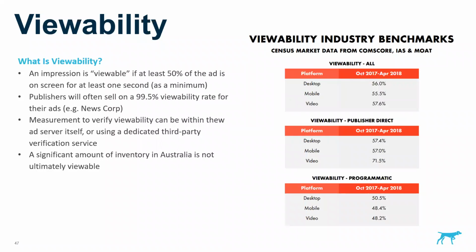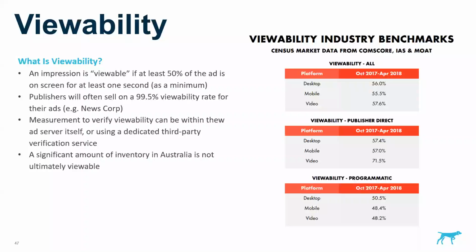Viewability as well. This is data from the IAB. An impression is viewable, so valid, if at least 50% of the ad is on screen for at least 1 second. That's a minimum benchmark standard, and a pretty common one. Some publishers have a higher rate. News Corp, for example, runs a 99.5% viewability rate for their ads.